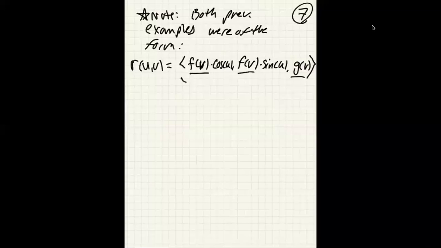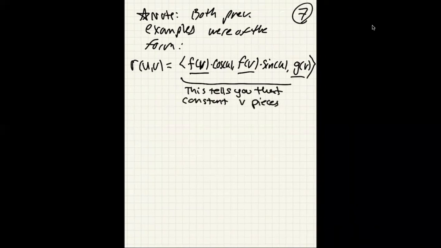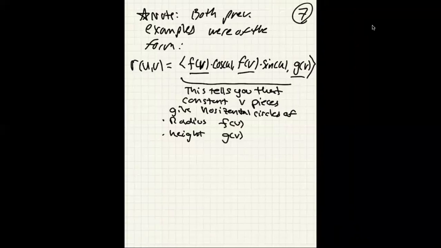This is essentially telling you that constant v pieces give horizontal circles of radius f of v and height g of v. So this hints at rotational symmetry.